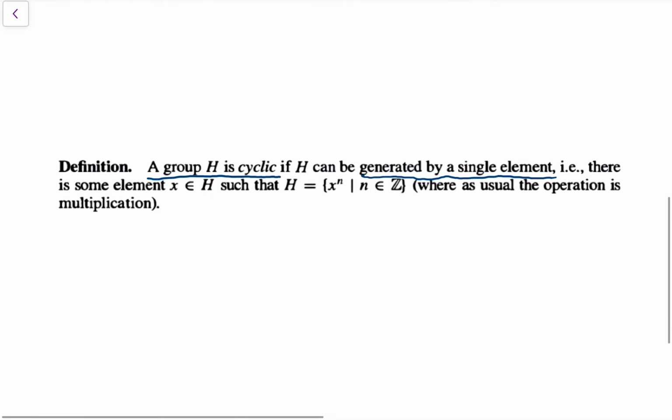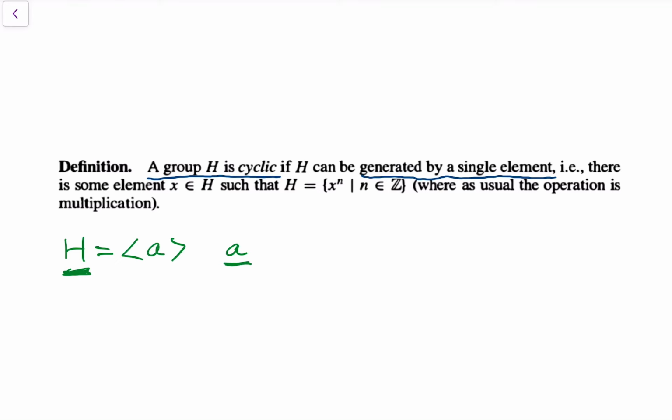Okay, and in general, for this group H, it is generated by one element a. Then we call this group H a cyclic group.